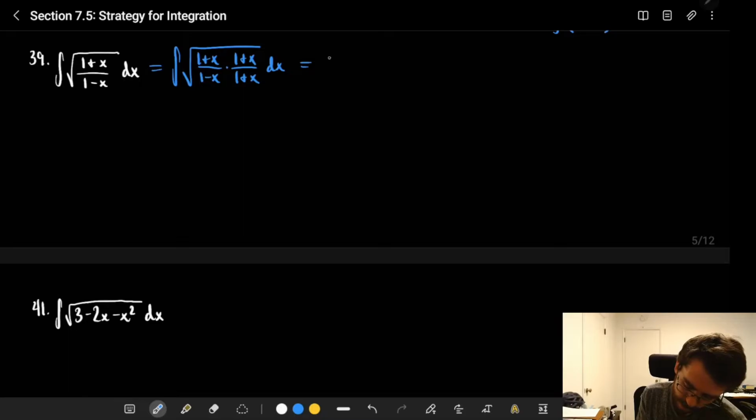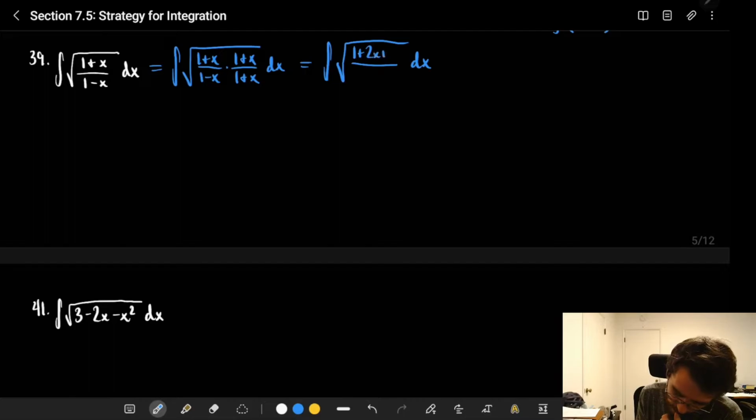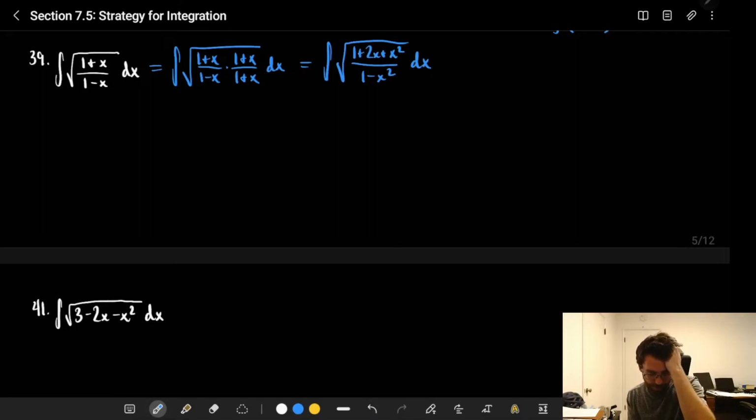Okay, and that would be this. Let's write it as one big fraction. 1 plus x quantity squared is 1 plus 2x plus x squared. On the bottom, you get a difference of squares, and it's just 1 minus x squared. I think this one is... Oh, but it's all under square root.